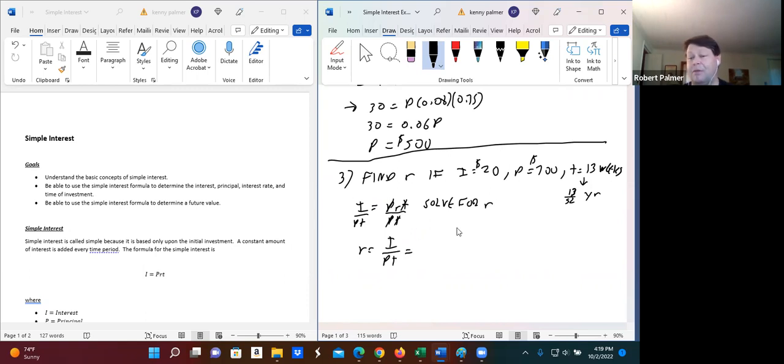Okay. Now if I plug everything in here, interest was $20, our principal is 700, and then our T was 13 over 52. You can use a graphing calculator and plug that in. Of course, you can also approximate the 13 over 52. Let's find out what this is going to be.